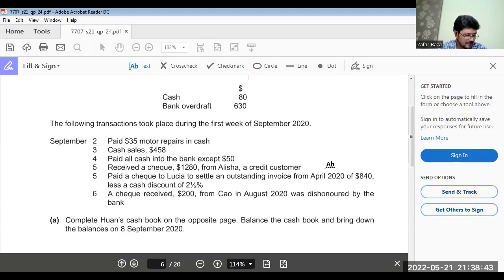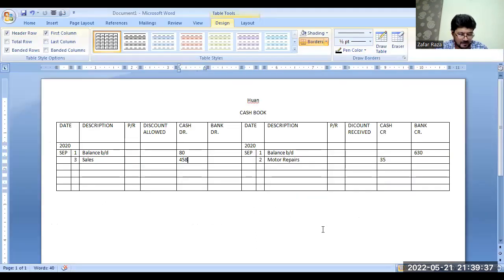Minus 35 we have paid for repairs. So now we have $80 plus 458, minus 35 for repairs, minus 50. 453 we are depositing into bank.